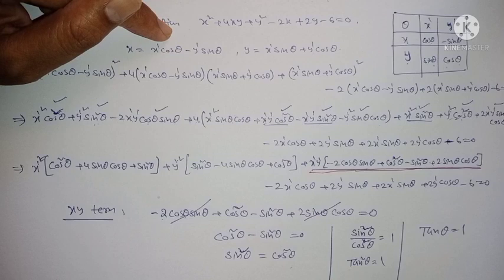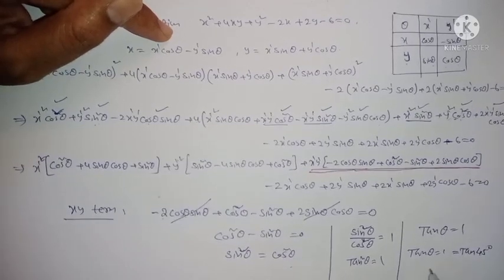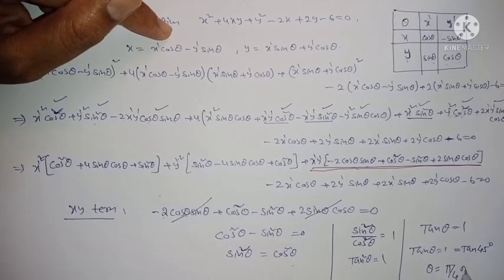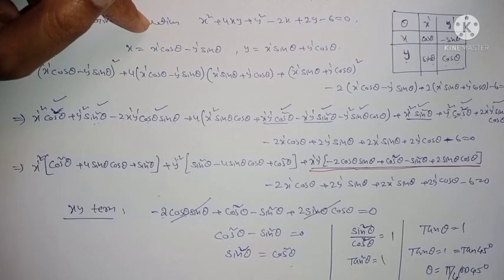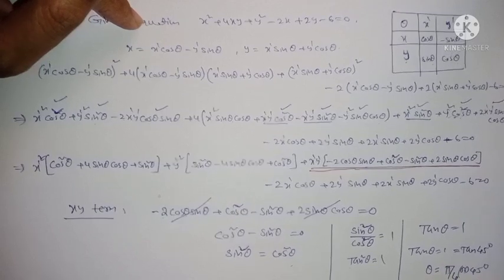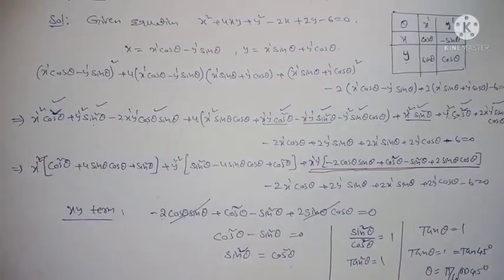Therefore theta is tan 45 degrees, so theta is equal to pi by 4 or 45 degrees. This is our answer. The question asks for the angle, therefore the angle is 45 degrees only. This is the end of the question.